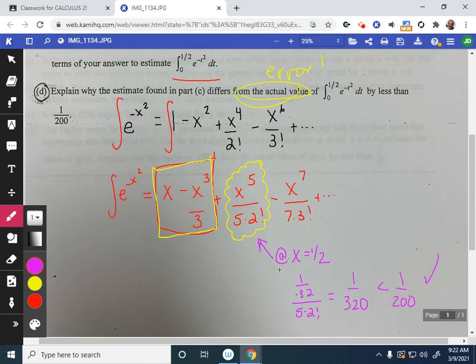And yeah, they say to explain, so explain why. You could say this series is an alternating series.